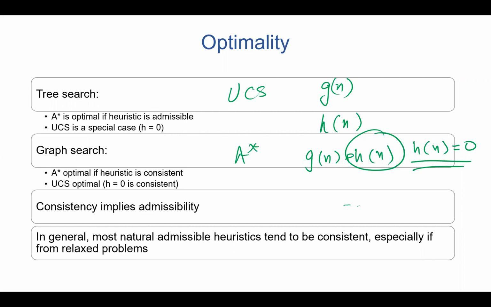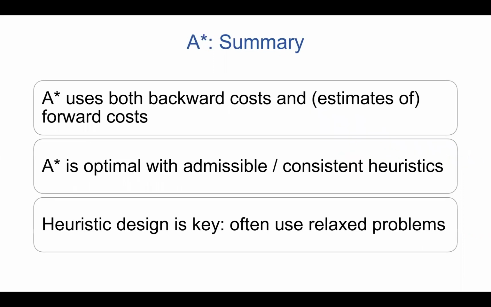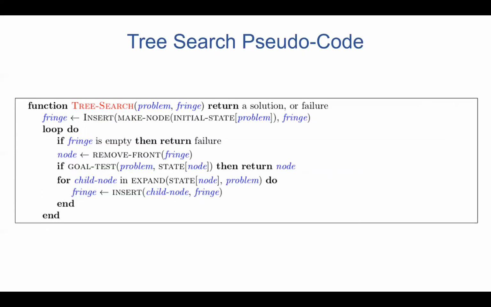So you have to make sure that it is both admissible and consistent. All right, A* is optimal, and the key in the A* search algorithm is the heuristic design. That's the key.